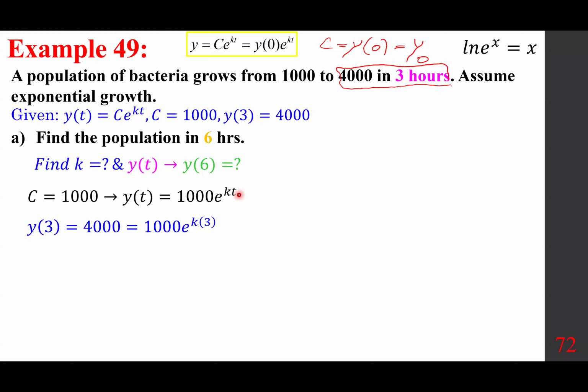So obviously, I can divide by 1,000. That means just drop 3 zeros. So 4 becomes e to the power of 3k. How do I get to k? Take a natural log of both sides. ln of the left is equal to ln of the right.